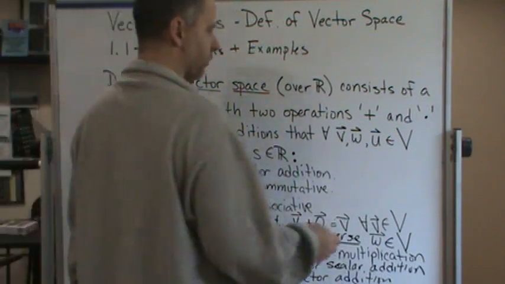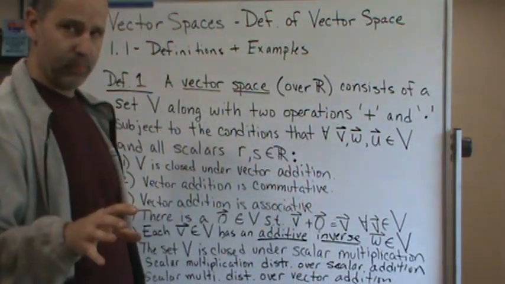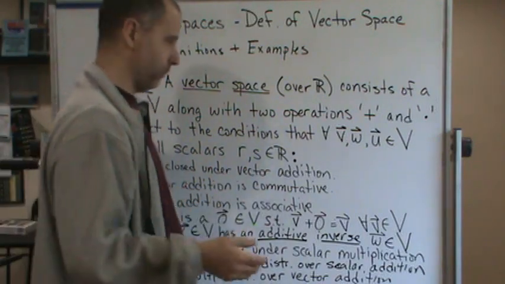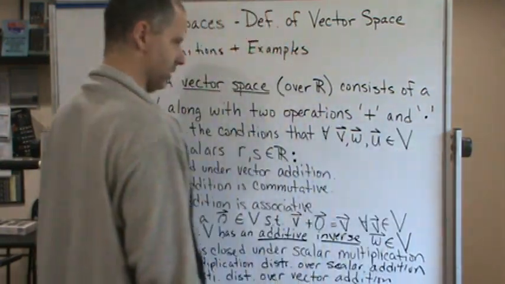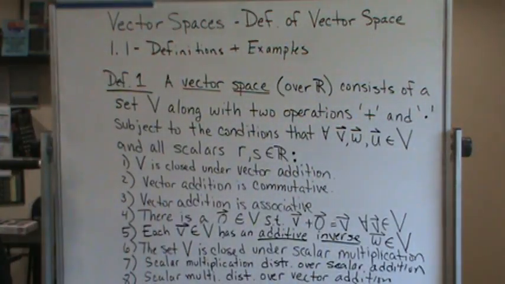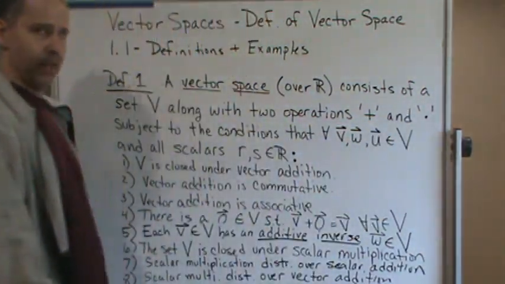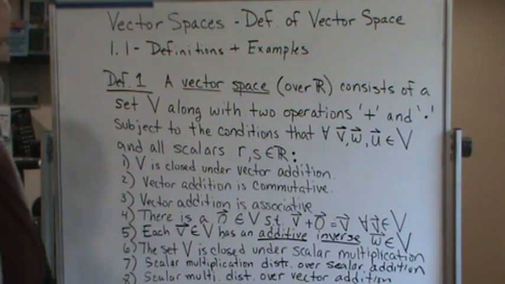So I put these in quotes to let you know that it is an addition, but it's not necessarily the addition that we think about. So with these two operations, a plus and a dot, you can think of these as addition and multiplication, but again, it's going to be nuanced and different than what we think sometimes.